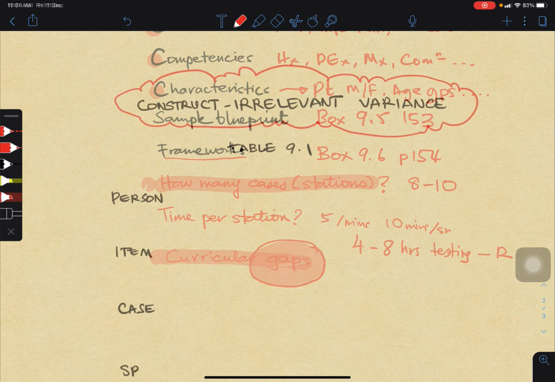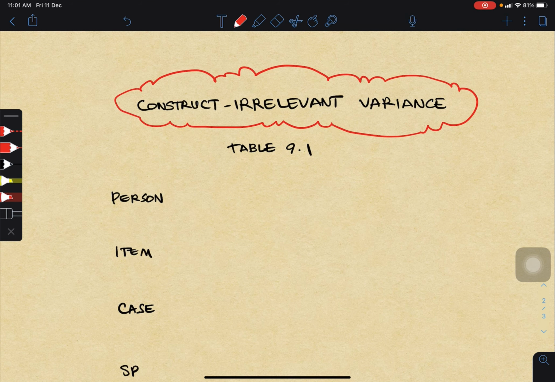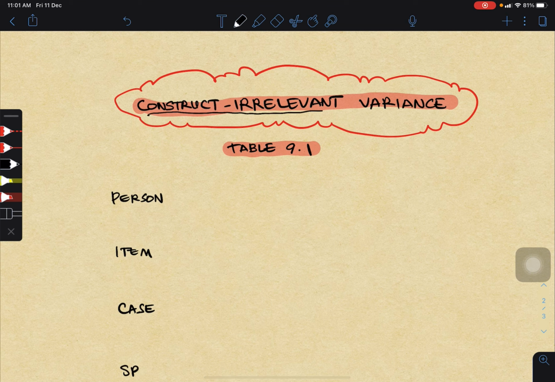We'll continue with the second part of the discussion, which is looking at construct irrelevant variance, and this is nicely summarized again in table 9.1. So what do we mean by construct irrelevant variance?